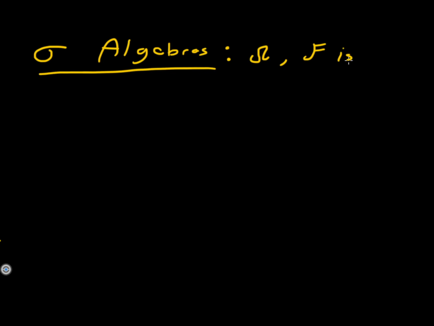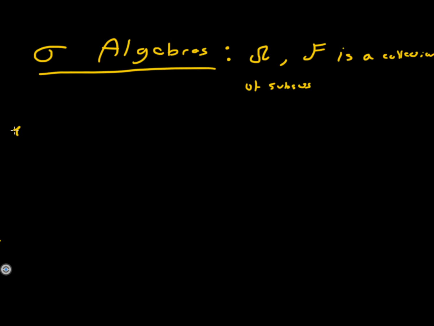So the sigma algebra is in fact a collection of subsets. Now this is very important to understand in order to visualize it later on, that the sigma algebra is in fact just a big collection of different subsets.